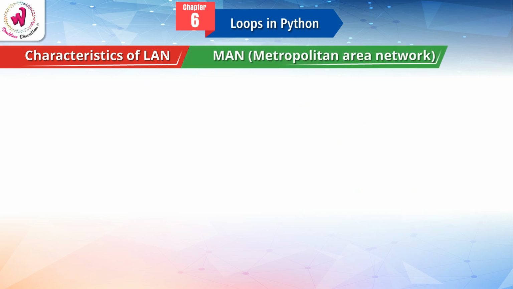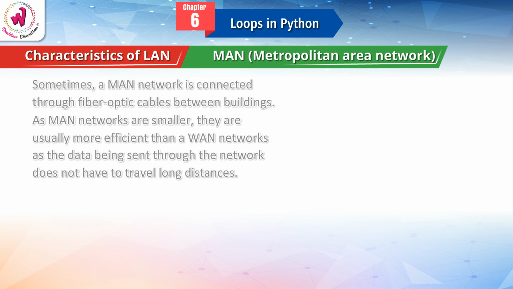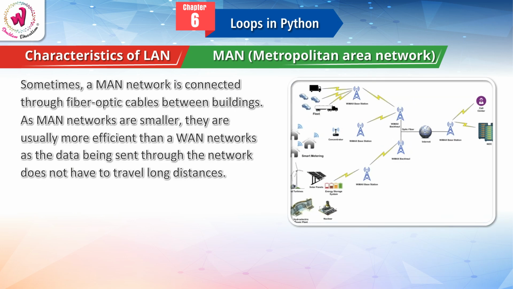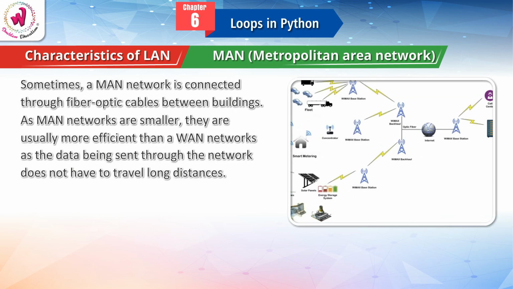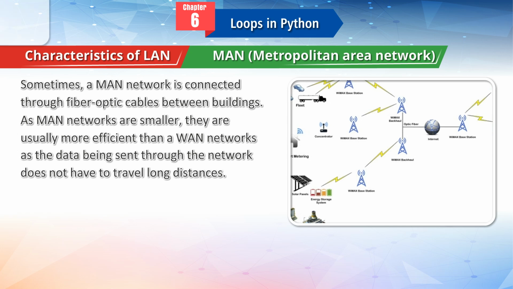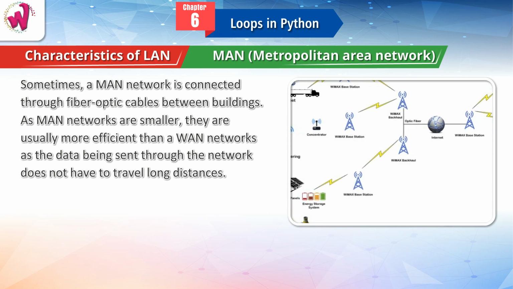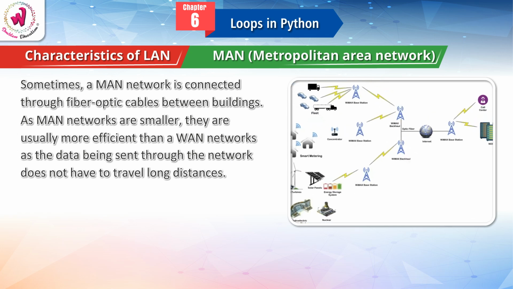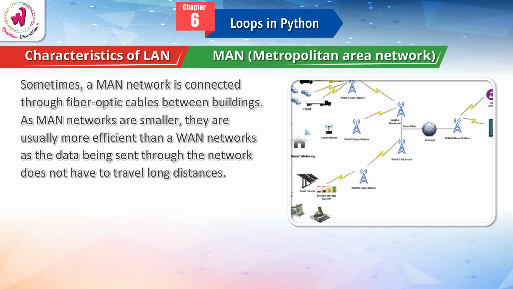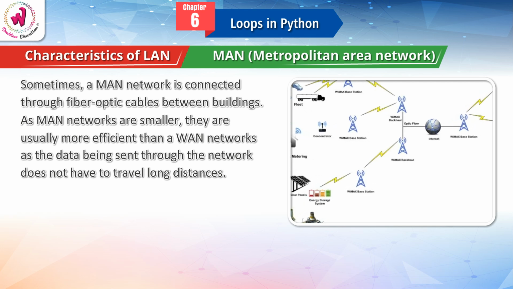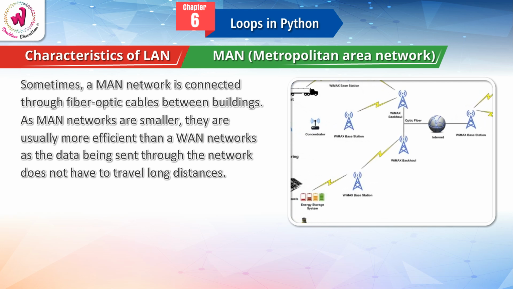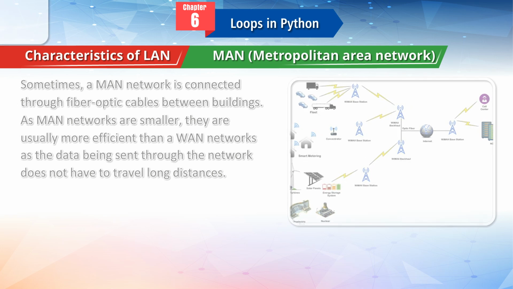MAN, Metropolitan Area Network. Sometimes a MAN network is connected through fiber optic cables between buildings. As MAN networks are smaller, they are usually more efficient than WAN networks, as the data being sent through the network does not have to travel long distances.